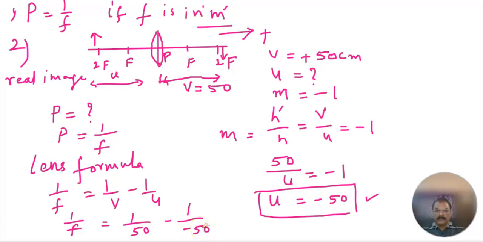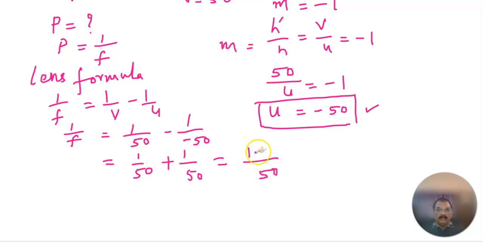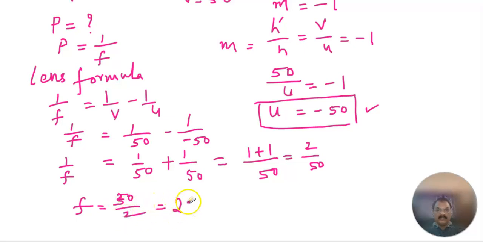This is the substitution you should remember. Coming to the calculation, minus into minus is plus, and 50 is the LCM, so you get 1 plus 1, that is 2 by 50. So 1 by f is 2 by 50, which means f is 50 over 2, so we get 25 centimeters. All are given in centimeters, remember that.